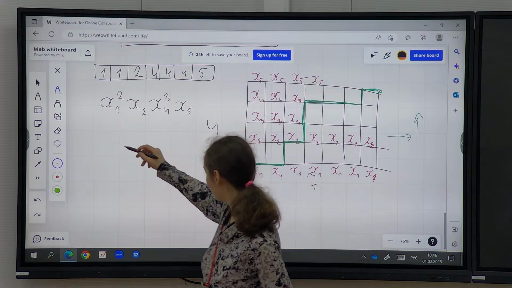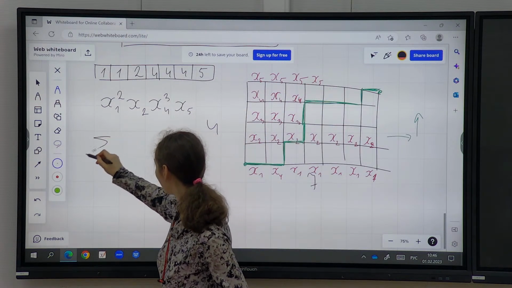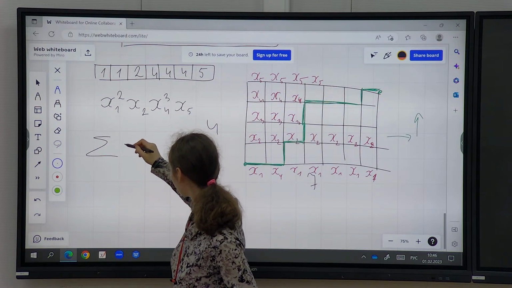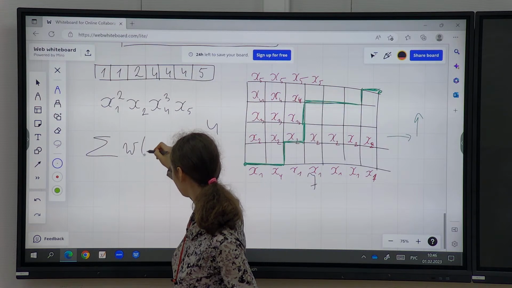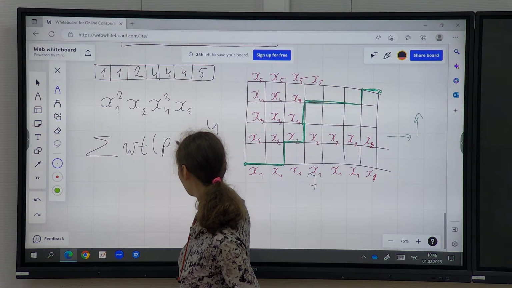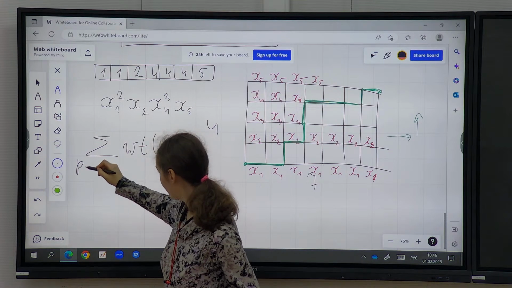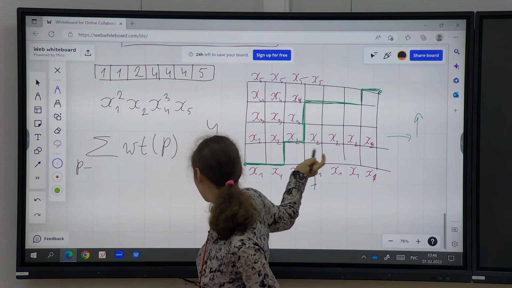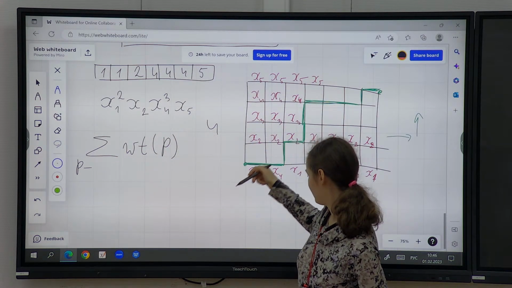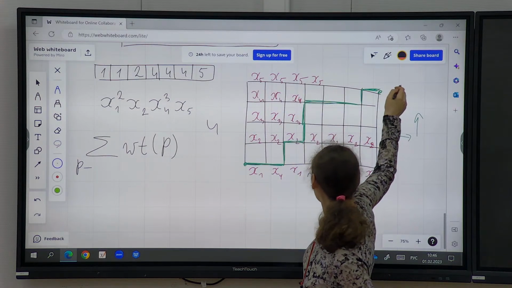And what will I obtain if I sum all the weights of the path over all paths from the southwest corner to northeast one?